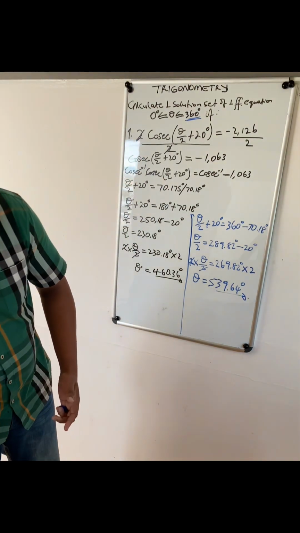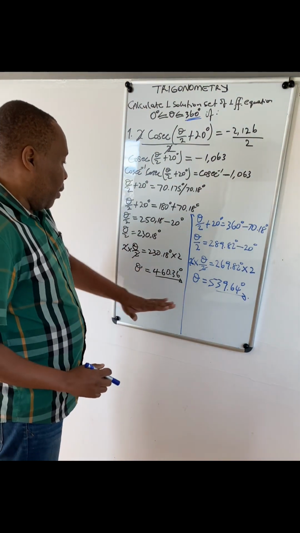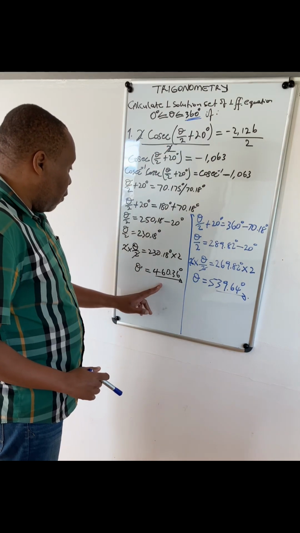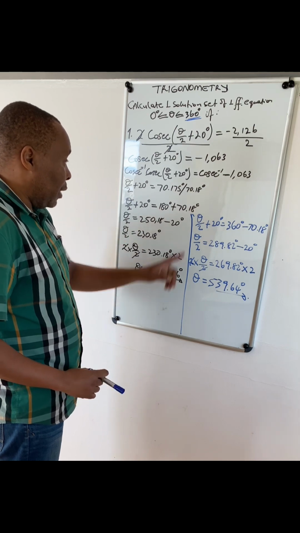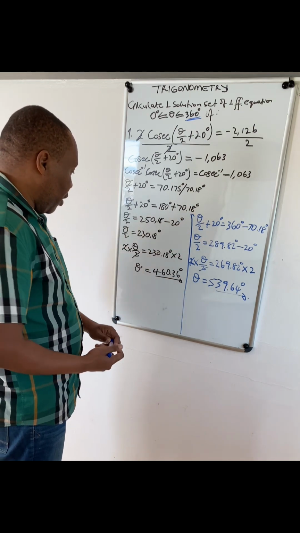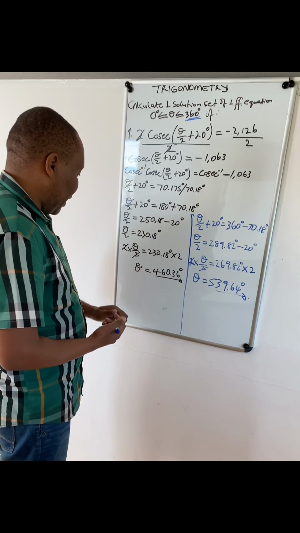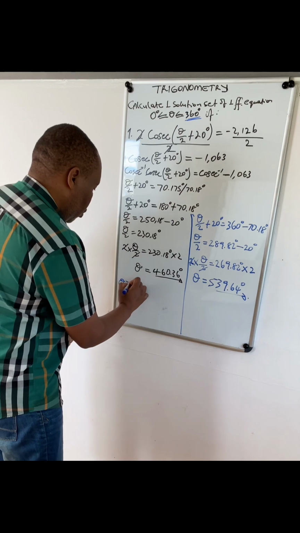Now that we've got these two answers, we are happy. This is what we've calculated. This is the answer from the third quadrant, and this is the fourth quadrant, since cosec is negative in the third and fourth quadrant. But we haven't given them the answer, they want the set.